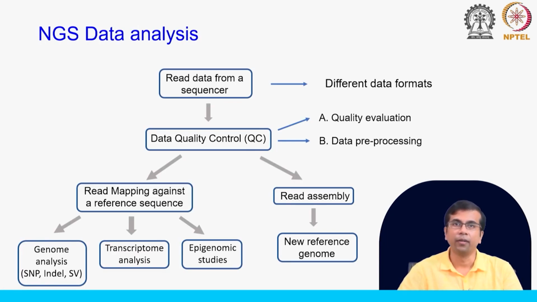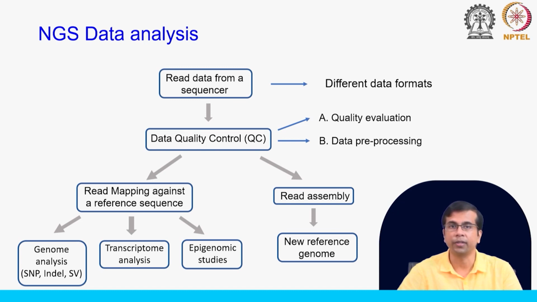So, going back to the flowchart for NGS data analysis, we started with the read data from the sequencer, and this is common for all applications. We looked at different data formats. The first step is quality control, and then we talked about the read mapping process, which we applied for identification of single nucleotide polymorphisms, indels and structural variants. We also talked about transcriptome analysis, where mapping is again the first step.